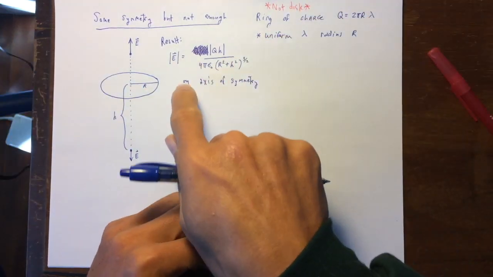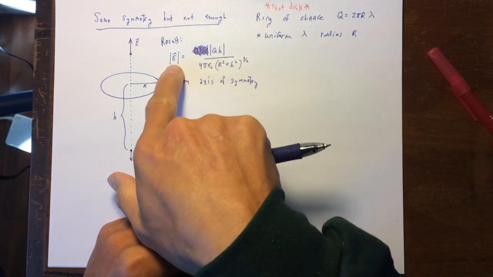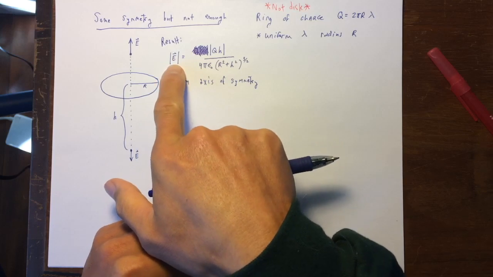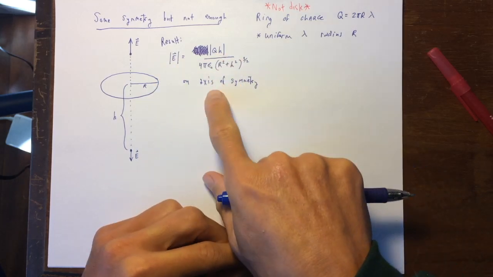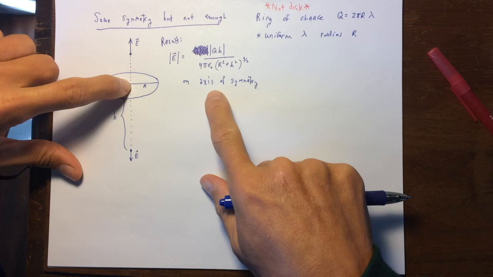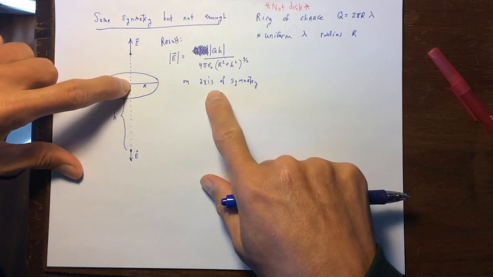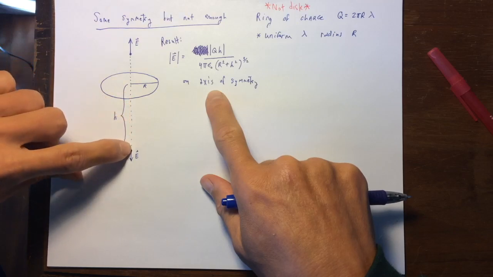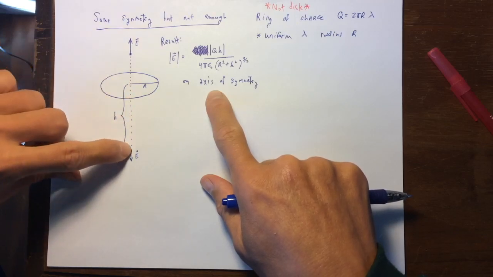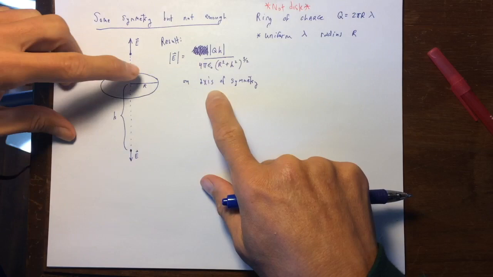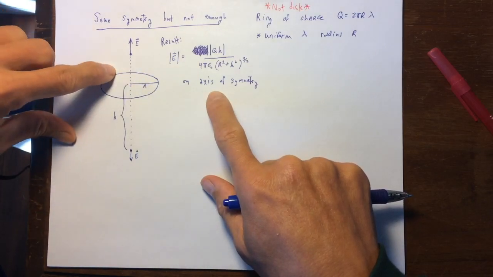So what we determined was that we could write down the strength of the electric field based on how far away from the center we were, but we were only allowed to describe the electric field in a perpendicular direction away from the plane in which the ring of charge exists.